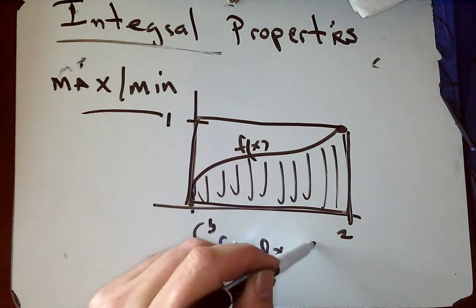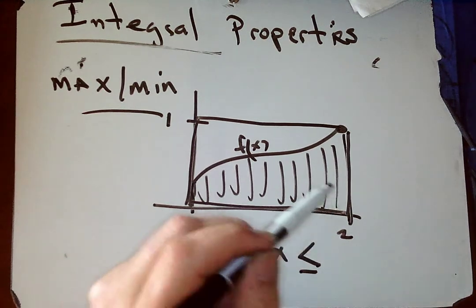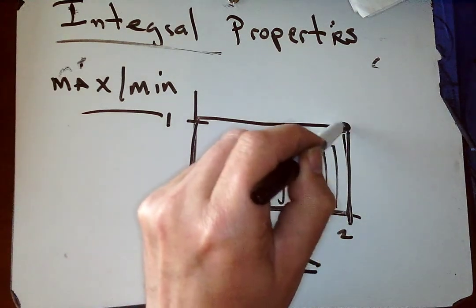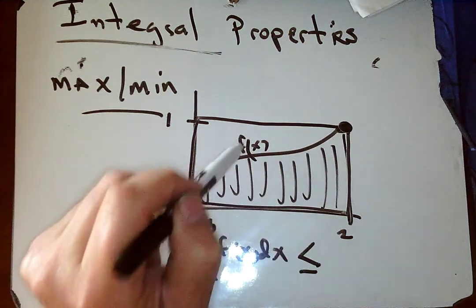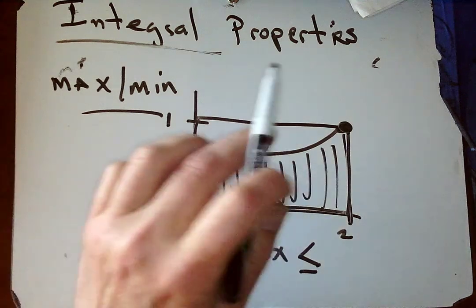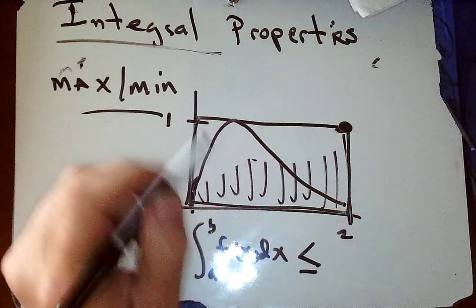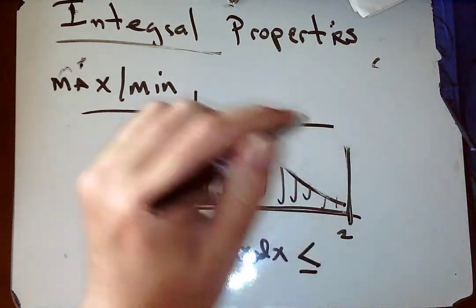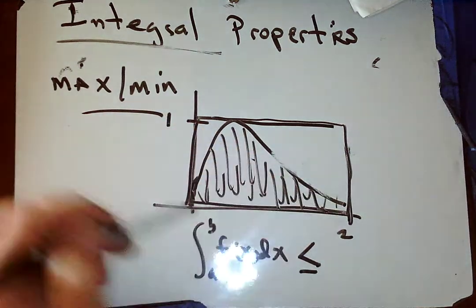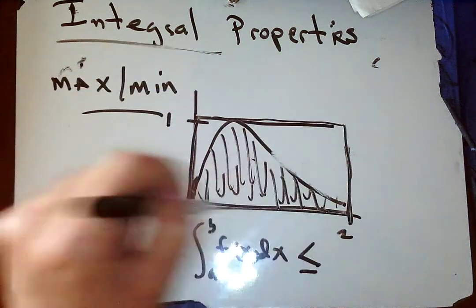But I know that it's got to be smaller than, could be equal to, I guess, not in this picture, but smaller than the maximum y value on f, which conveniently happens here at this endpoint, but it doesn't have to. You know, we could have drawn something that went whee and back down again. And in fact, let's use that. Okay, we're saying that this area is smaller than this rectangle's area.